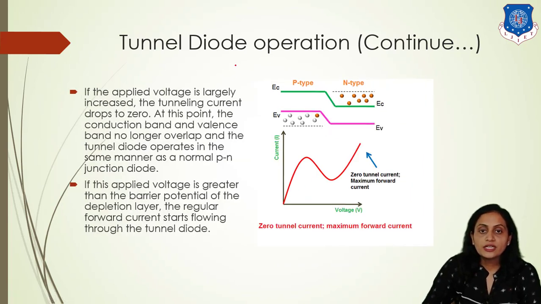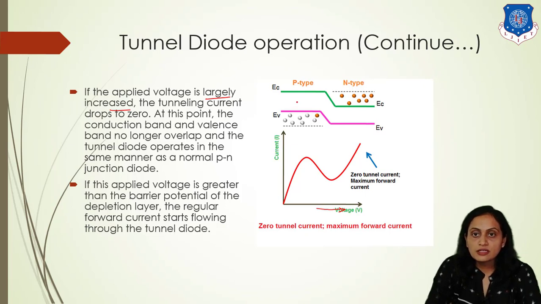If the applied voltage is largely increased, then at this point the conduction band and valence band no longer overlap, and due to that the tunnel diode operates in the same manner as a normal PN junction diode.